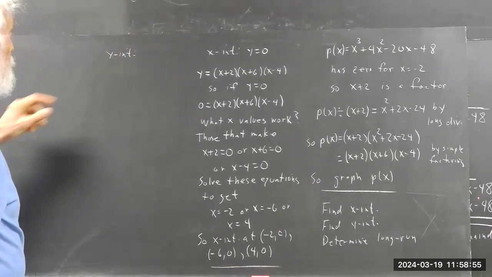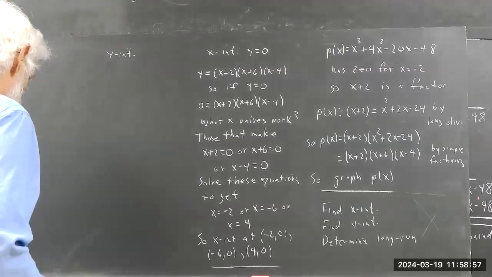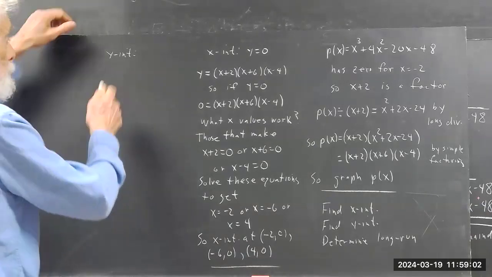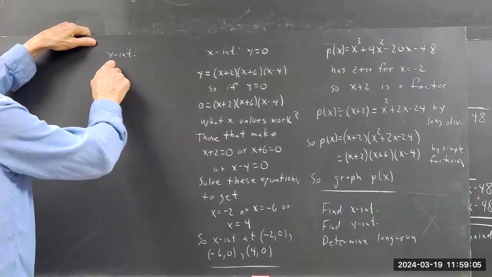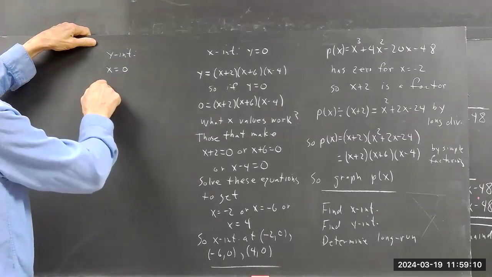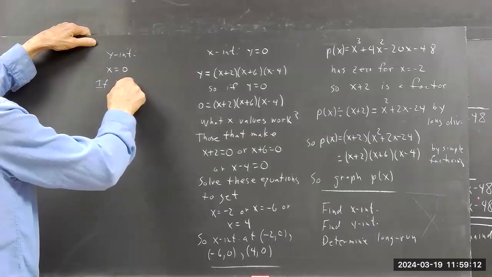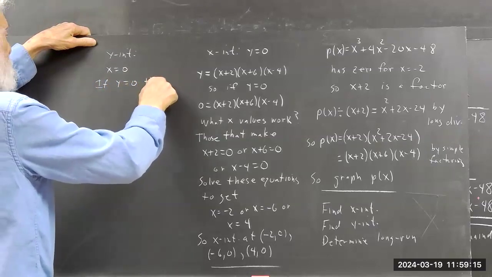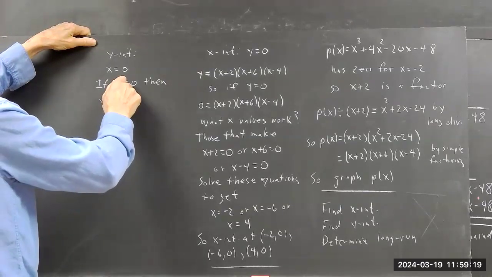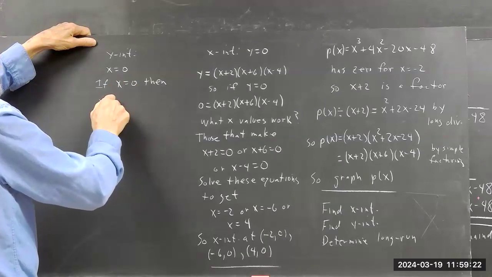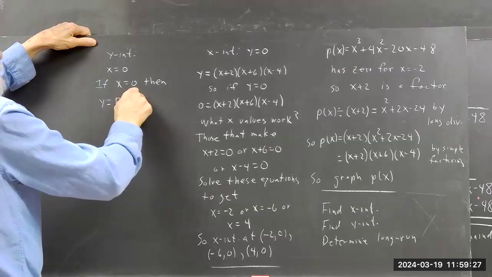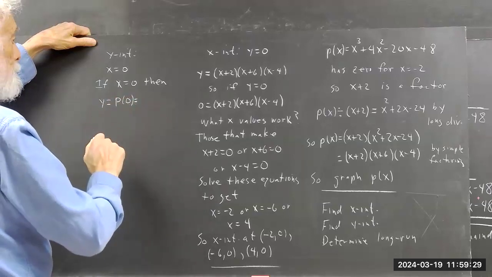Anyhow, okay. Y-intercept. What can you know about the y-intercept? X equals 0. Okay. Well, if x equals 0, then y equals p of 0 equals.